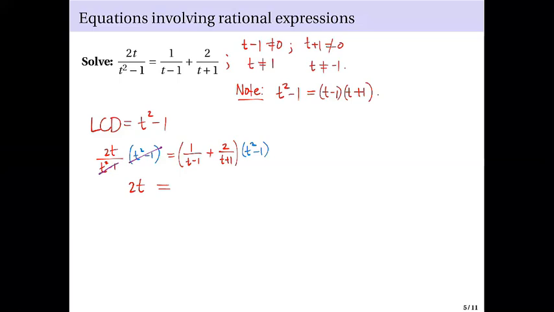And then on the right-hand side, we distribute again this to each of the addend here. Now, take note, t squared minus 1, that's t minus 1, t plus 1.